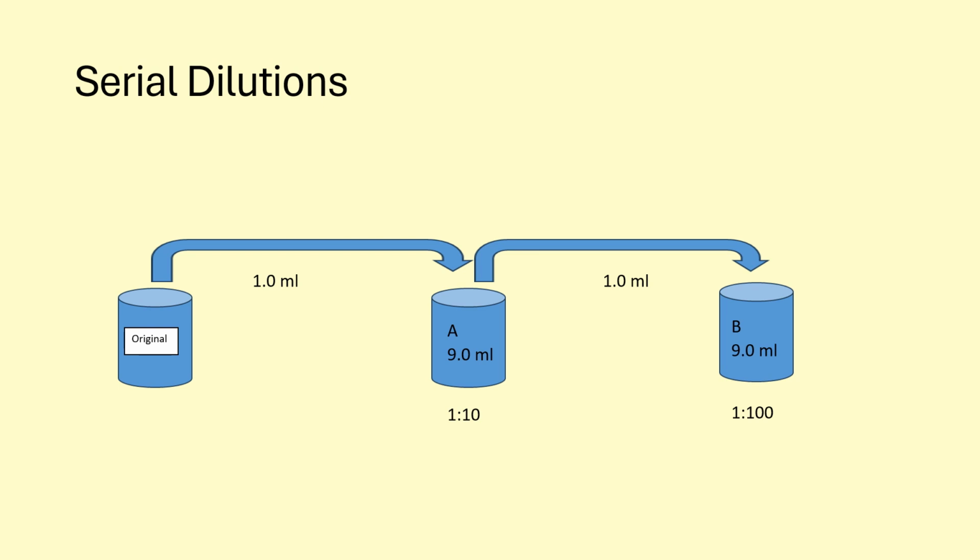We already said that A is a 1 to 10 dilution. We said B is a 1 to 10 dilution from A, so you just multiply them together. So you would say 1 times 1 is 1, 10 times 10 is 100. So B is diluted 1 to 100 as compared to that original sample.